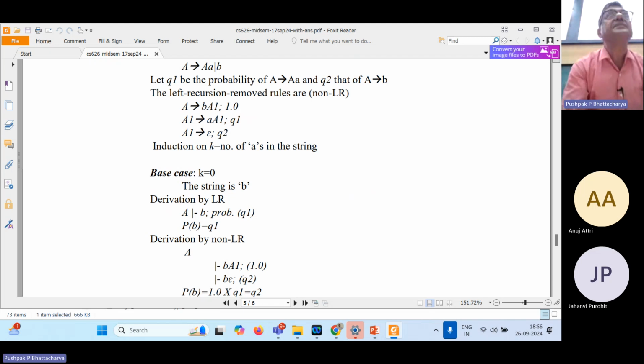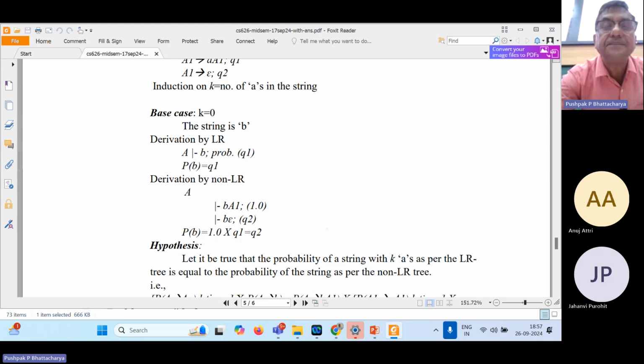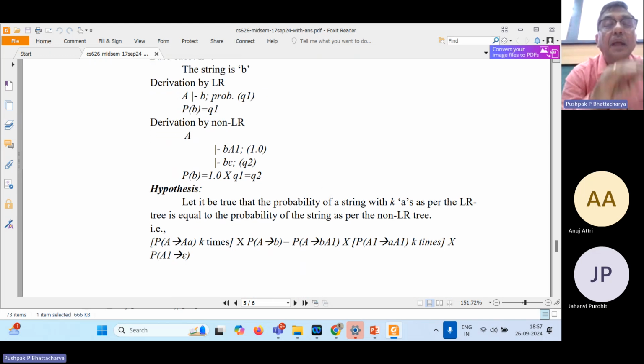So if there is a recursive set of rules, then you can form it this way: A goes to B, whose probability is q1. No, it goes to B, probability is q2. I thought I had corrected this. And the non-recursive rule also produces the same, it should be q2. Same probability, 1.0 into q1, because two rules are applied here.